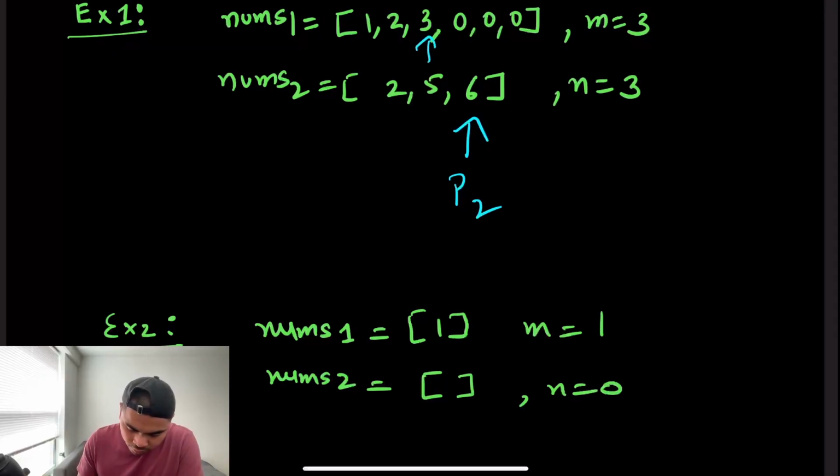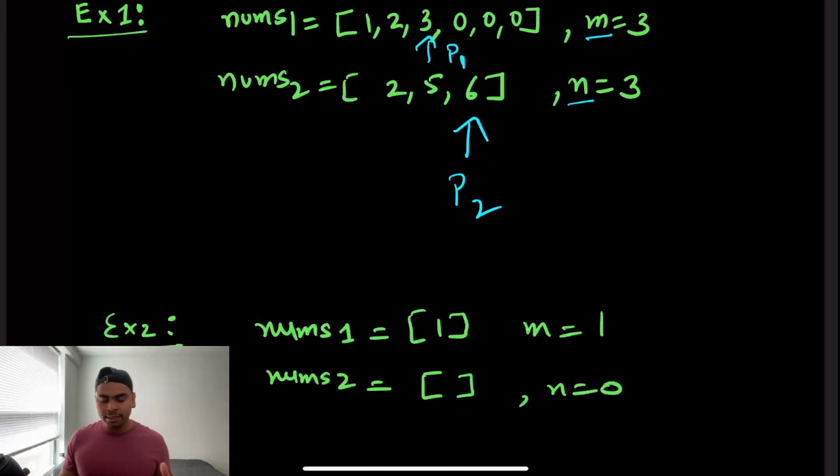What we can do is start our pointers, p2 and p1, at the m-1 and n-1 indexes, and then we check which one is bigger. Whichever is the biggest, we maintain this as the i-th pointer, and we put that value over here.